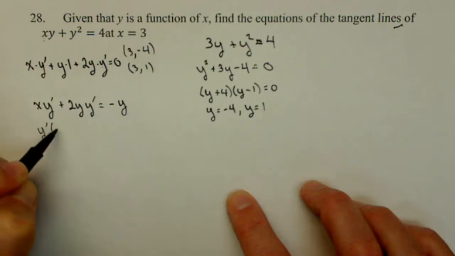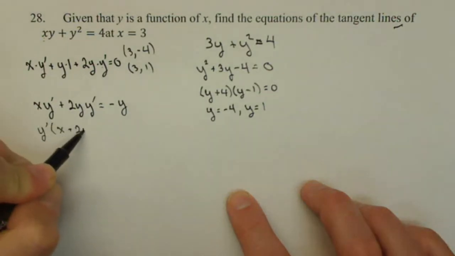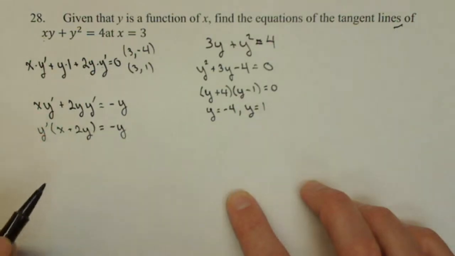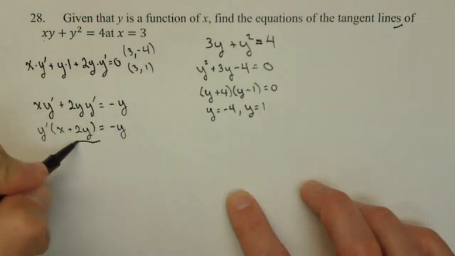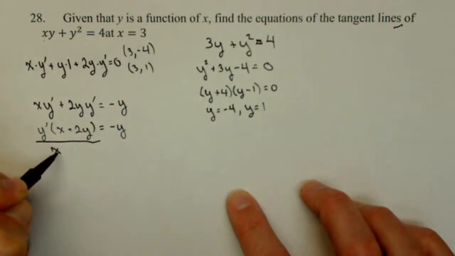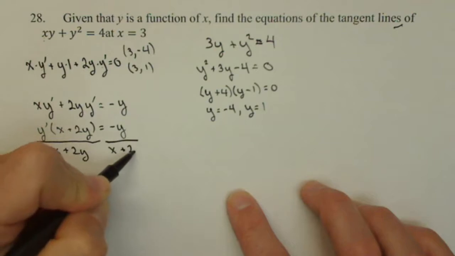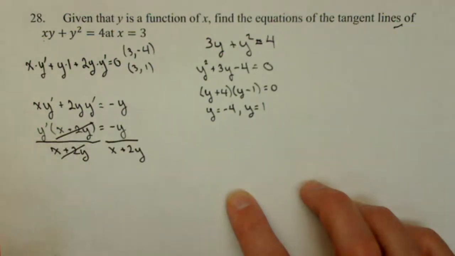So we have y prime times (x plus 2y) equals -y. We're going to divide both sides by x plus 2y, and there is our y prime.